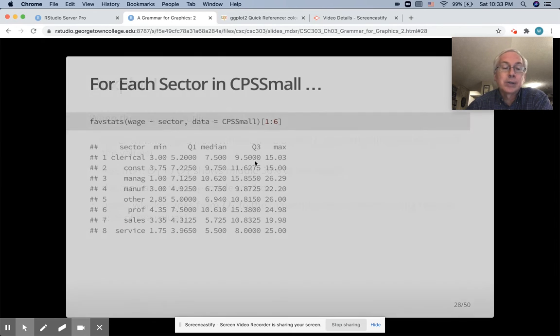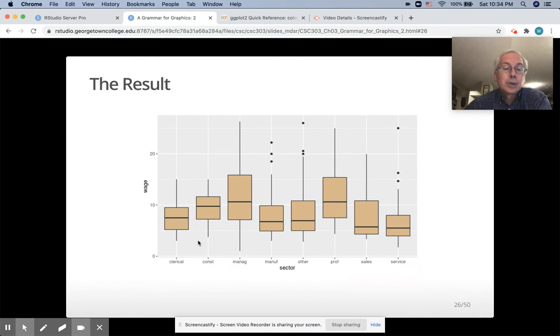So let's remind ourselves, let's look at the clerical sector. The first quartile is $5.20. The third quartile is $9.50. The median is $7.50. So let's look for the clerical box plot here in our output. Clerical is going from about $5.20 to $9.50. Here's the first quartile, here's the third quartile, and 7.5 is right here.